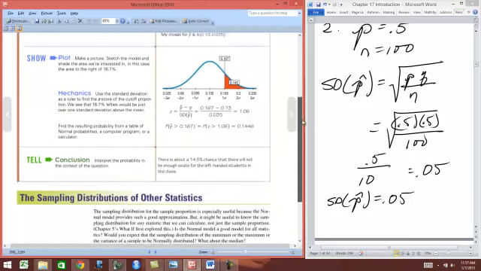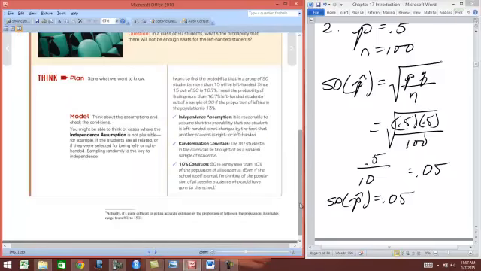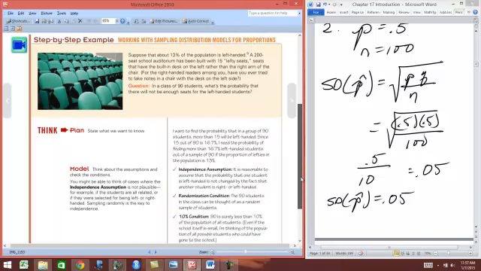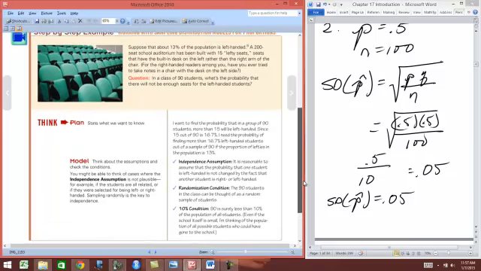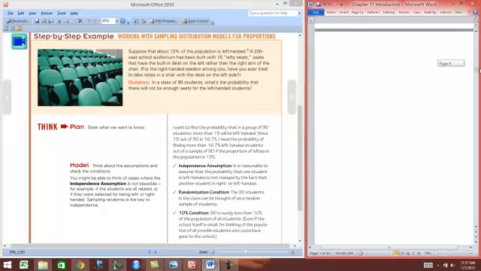To repeat, the left-hand column tells you what you have to do, and the right-hand column tells you the work you have to produce. So 13% of the population is left-handed. That's a population parameter. We got 200 seats with 15 lefty seats.